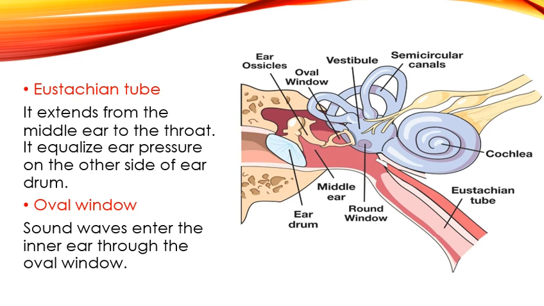So the sound waves enter from the middle ear to the inner ear via the oval window, this part. And this stirrup bone is attached from one side with the oval window. The sound waves are transformed in the middle ear and then sent to the inner ear through the oval window.